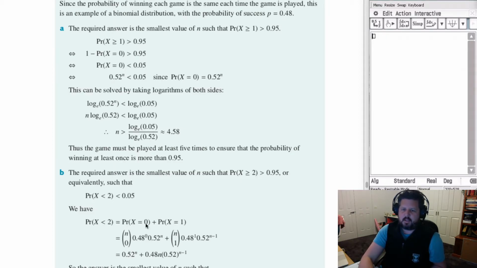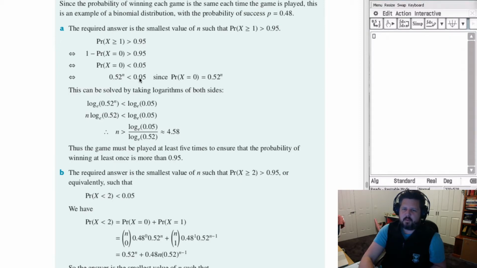In this particular case, it does simplify down just to 0.52^n as the probability of x equalling 0.